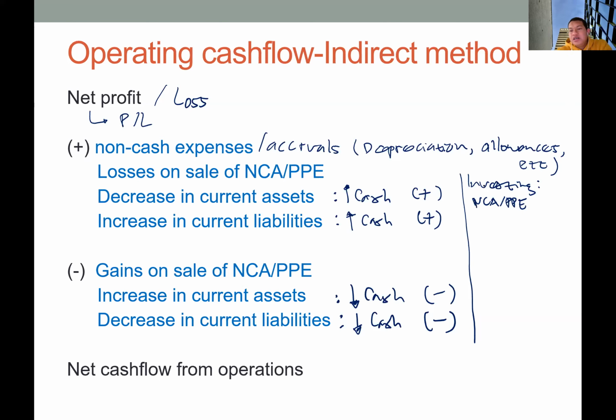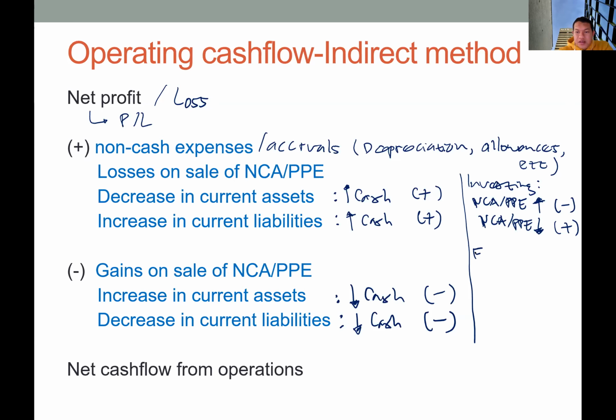If we observe an increasing trend of NCA or PPEs, then we should minus this from the net cash flow from operation, because the company is using cash to purchase more PPEs. And if we see a declining trend of non-current asset, then we should add this to the net cash flow from operation, because the company is selling some of the PPEs for cash.